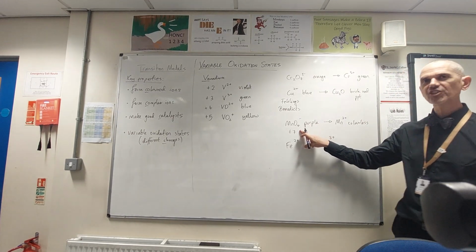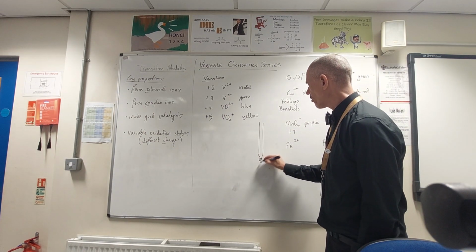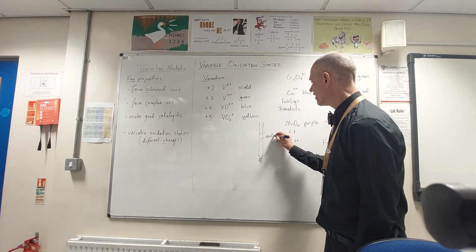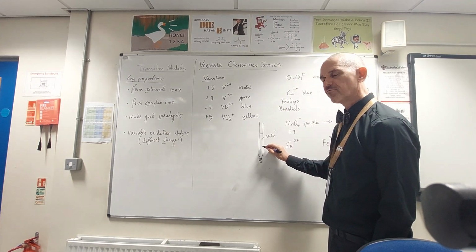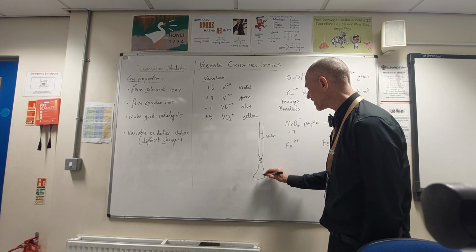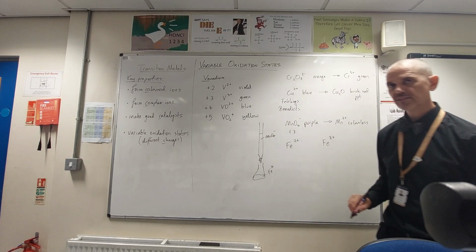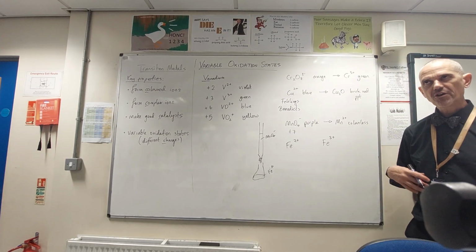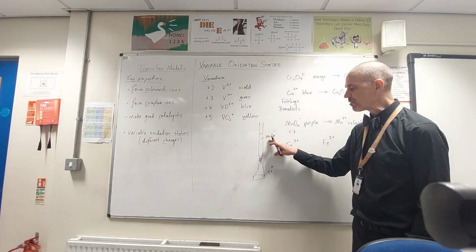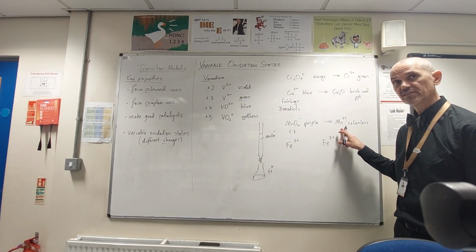But in a titration, you're adding permanganate from the burette, which of course is purple, to your flask, which usually contains, say, iron 2 plus or whatever it is you're oxidizing. So as the permanganate falls into there, it'll go colourless because it's forming Mn2 plus.